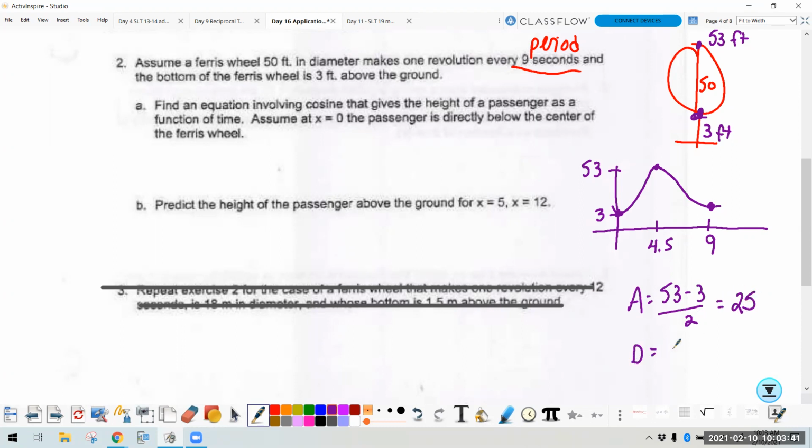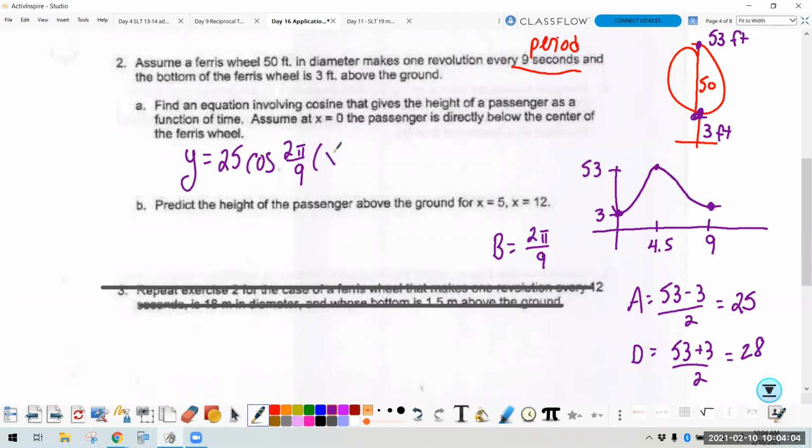The midline, 53 plus 3 divided by 2 is 28. B is 2 pi over the period. And now let's write our equation. So y equals 25 cosine 2 pi over 9. X, I'm going to shift to the right 4.5 because that's where the maximum is. That's 28.